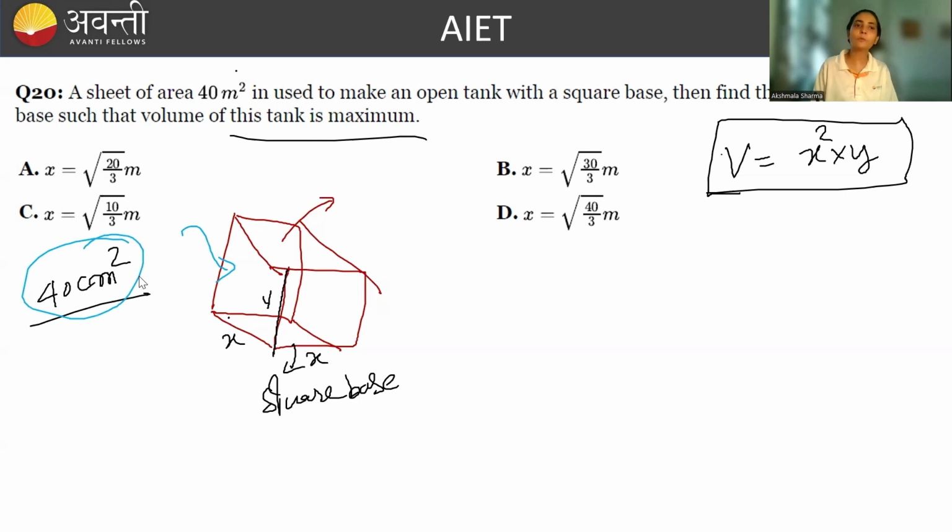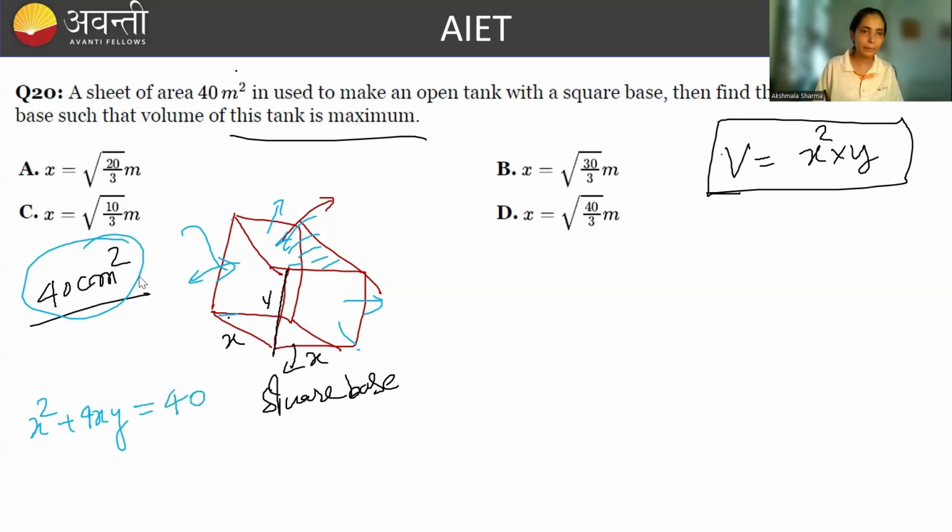So this whole tank has an area of how much? This bottom area is x square, and this is one side, this is another side, this is another, this is another, and each has an area of 4xy in total. Since this is open, it has no area on top. So the total area is x square plus 4xy, and this should be equal to 40.